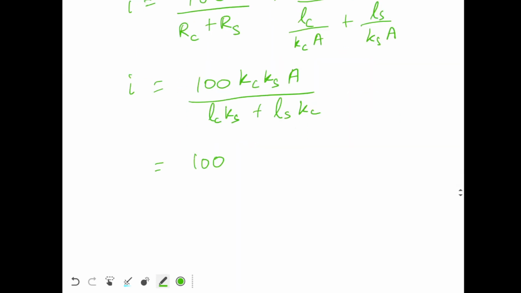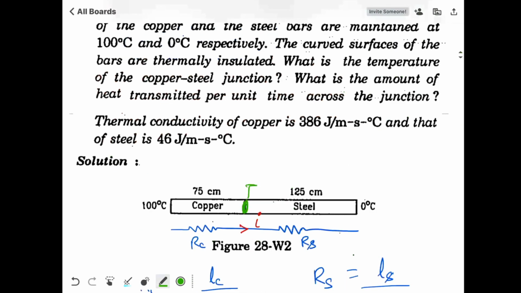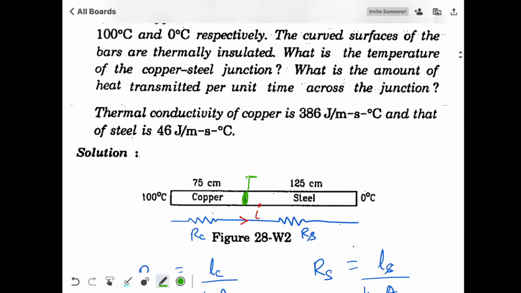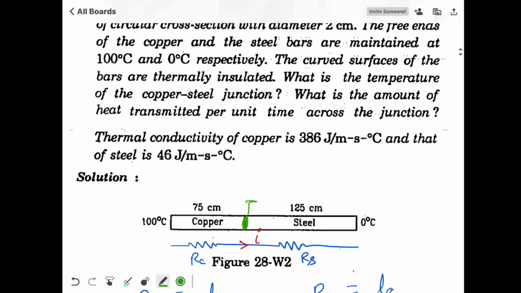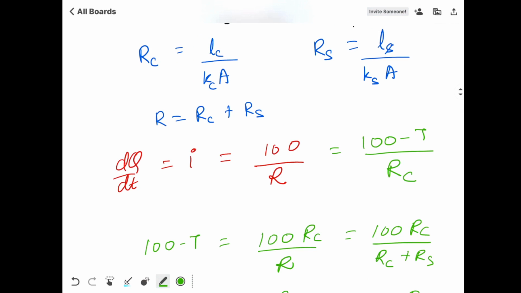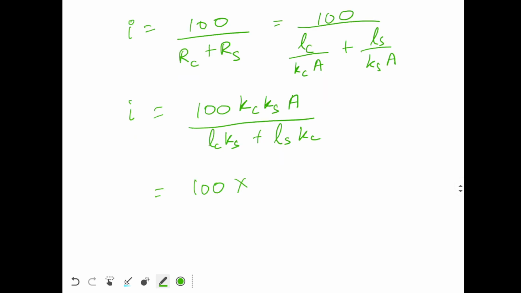So 100 times Kc and Ks. Copper is 386, steel is 46. So 386 into 46 into area, which will be pi times radius square.